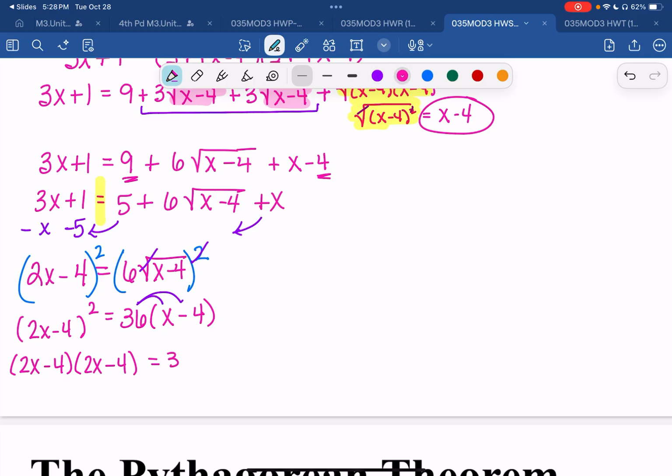So 36x, 36 times 4 is minus 144. Okay, I need to distribute this. So 2x times 2x, I've got 4x squared. 2x times negative 4, so minus 8x. Minus 4 times 2x, minus 8x. And then plus 16.